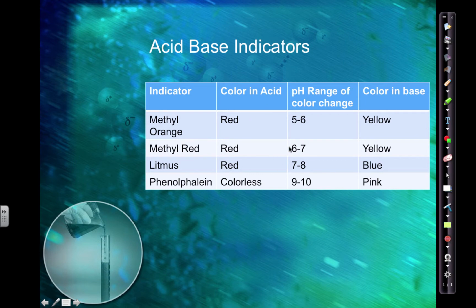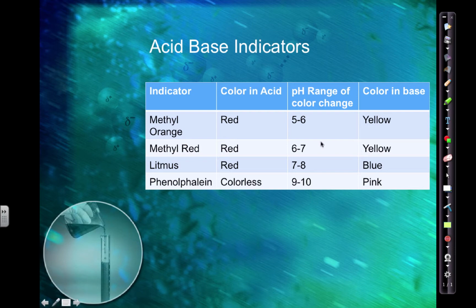Methyl red will change between 6 and 7, and it goes from red to yellow if it becomes basic. Well, you're going to pick your indicator with a pH range that's close to where your equivalence point will be, because that is going to signal, hey, stop adding your base or your acid.